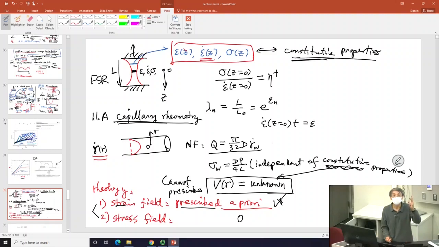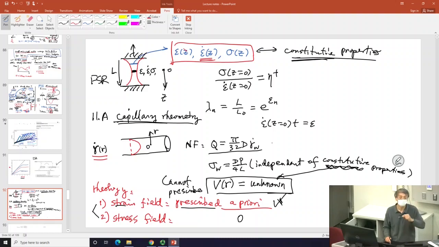So there are two things that are similar, and also both violate what we practice with conventional rheology. You have not prescribed the deformation field. You are unable to prescribe that. Secondly, you are unable to prescribe a fixed rate of deformation. Okay?